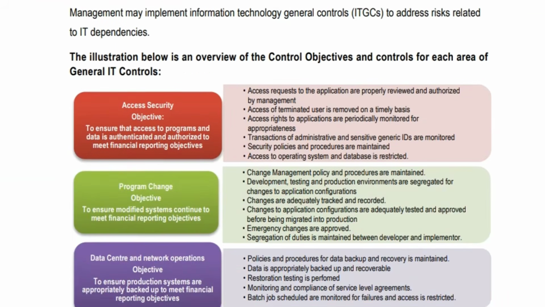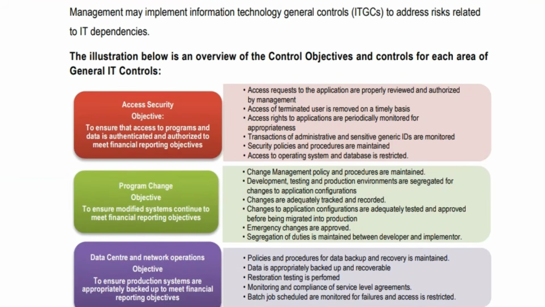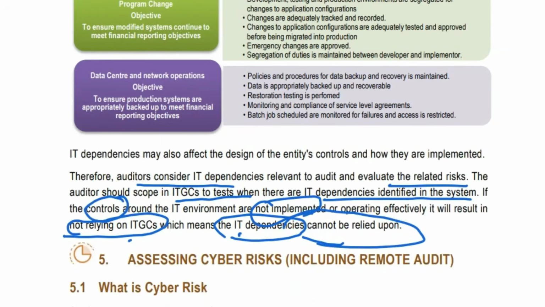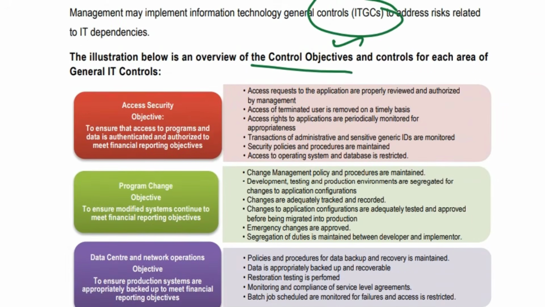These are some illustrations of the IT general controls. If you do not have the IT general controls, IT dependencies cannot be relied upon. If you cannot rely on the IT general controls, then you cannot rely on the IT dependencies. So here you also remember some 5 points.